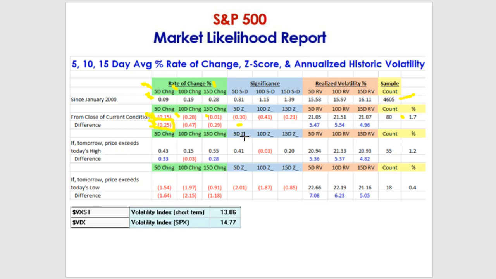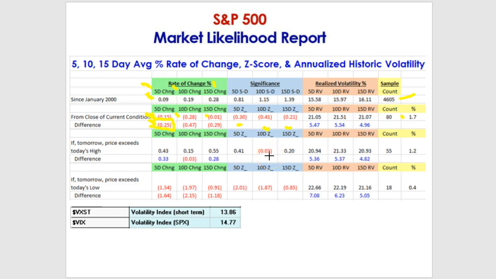Okay, it's not that significant. If it were a full standard deviation to the downside, or maybe something even over half, then we'd be talking, but it's not. The 2-week change z-score is at 0.41, not even half a standard deviation to the downside, and the 3-week one is at 0.21 of a standard deviation to the downside. Not hugely significant.